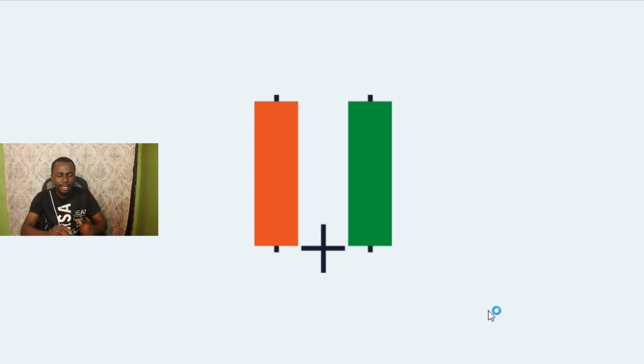Morning star is a candlestick pattern that is telling you that the buyers are in control of the market. At first, the market was in a downtrend, which is this big red candlestick. Then suddenly the market went into equilibrium, which gives you this doji sign, this plus sign, telling you that the market later went into equilibrium.